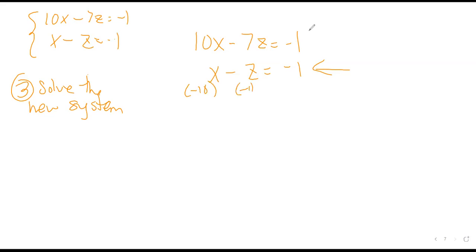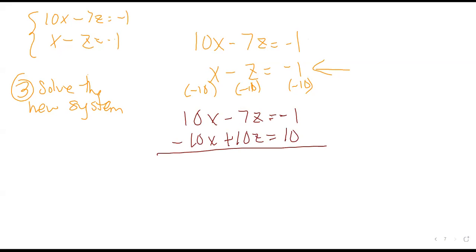So a negative 10, negative 10, and a negative 10, which now gives me 10x minus 7z equals negative 1. Now negative 10x plus 10z equals positive 10.